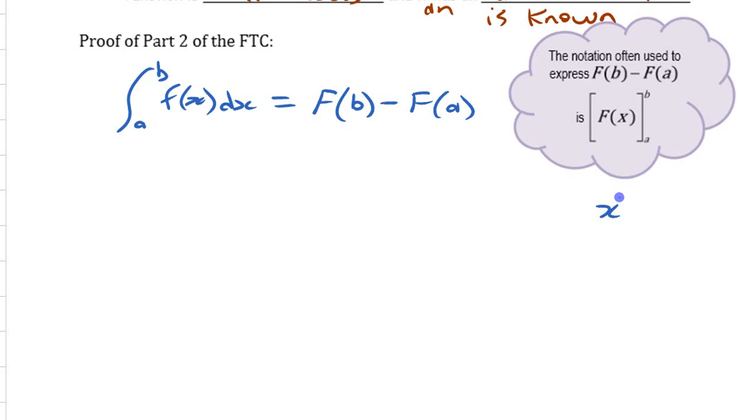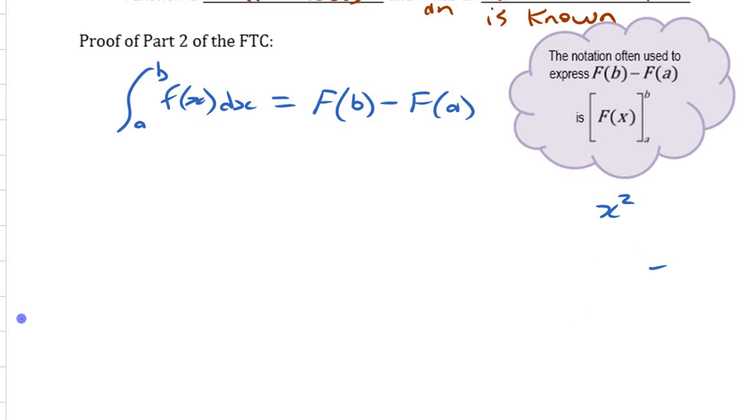When we had an antiderivative of x squared, it was a third x cubed. But it could have been plus 1,000 or minus 7 or whatever. It could be anything, as adding any constant here. Any constant, okay? It doesn't matter which one you use.